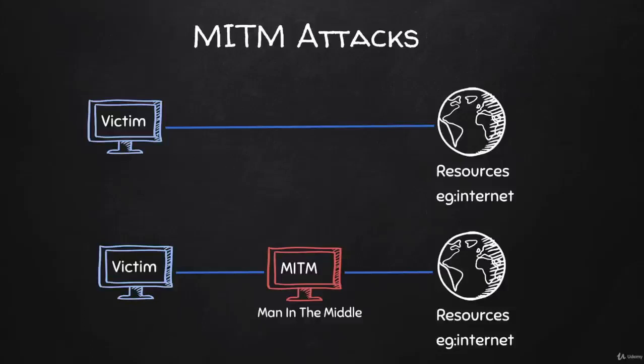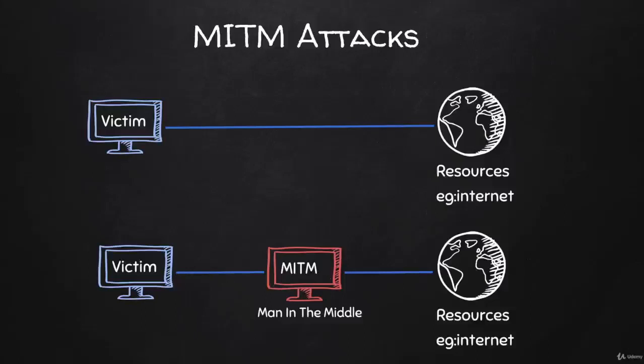A normal communication would look like this, where the device is directly communicating with the entity that they want to communicate with. In a man-in-the-middle attack, the hacker would be able to place themselves in the middle of the connection, allowing them to intercept and see anything that is being transferred between the two devices.